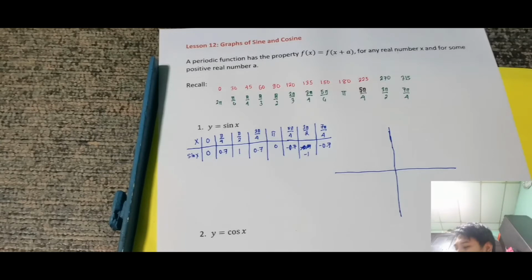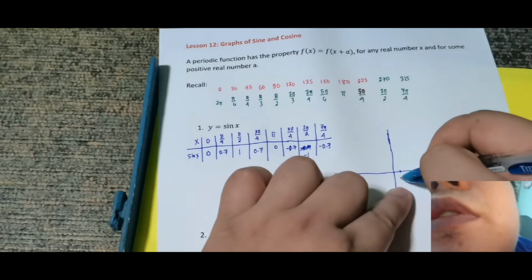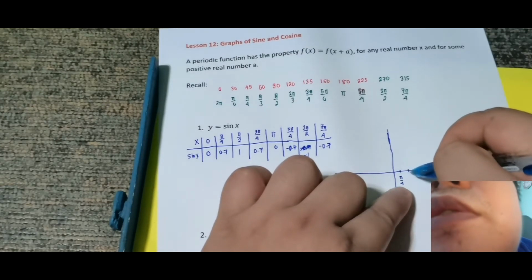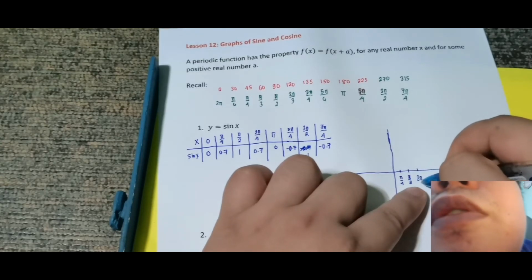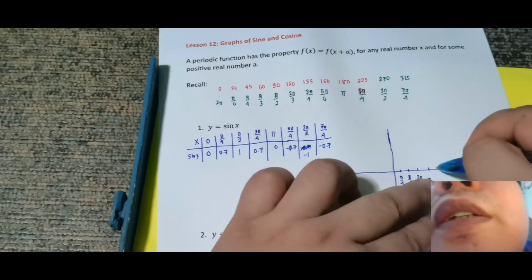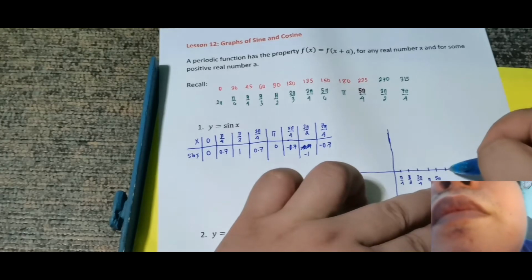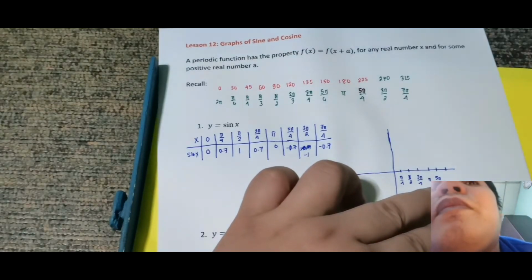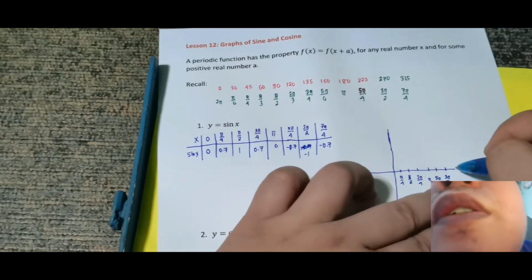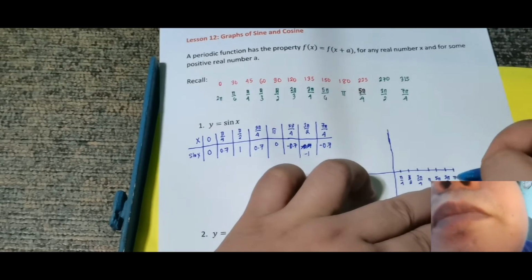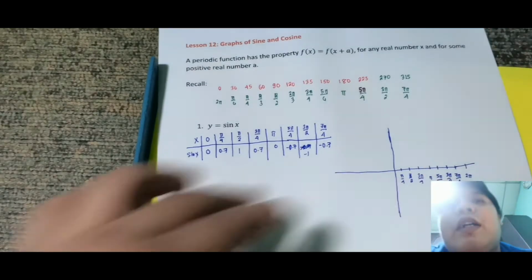Pi over 4, pi over 2, 3 pi over 4, 5 pi over 4, 3 pi over 2, 7 pi over 4, tapos lastly si 2 pi. Okay, so start tayo.